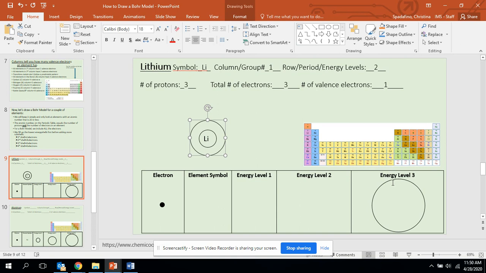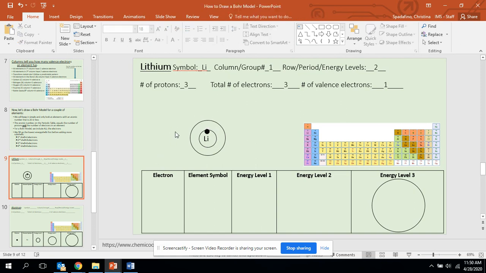Now, I don't need this one. This one's here as a pattern for what we're doing. How many electrons? So we have 3 electrons. We're going to start with our first, again, the innermost shell. We start placing our electrons on our first shell, and our first shell can hold 2 electrons.